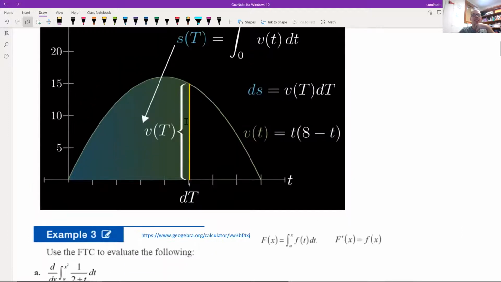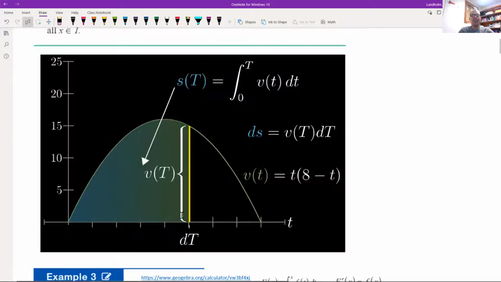And I think this is a really interesting context because you get to look at a derivative where the geometric interpretation is not the slope of a tangent line. When you're looking at this and you've got a little dt at the bottom, and you're looking at the ratio of how the position is accumulating here, you're not looking at the slope of a tangent line.